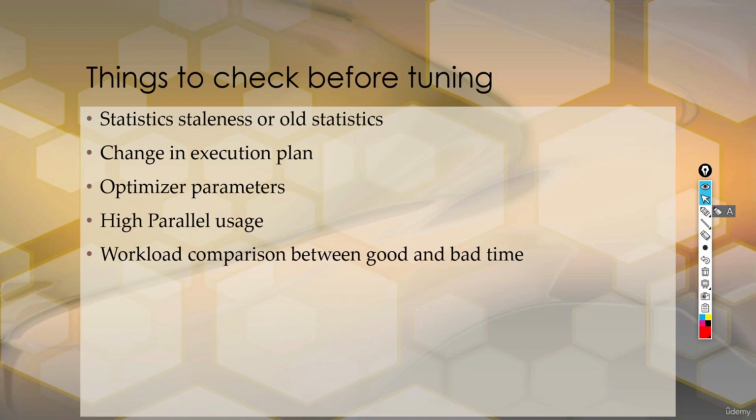I cannot expect a 100cc bike to travel 600 kilometers per hour. Obviously, if I have a 1000cc bike, I can reach a destination 100 kilometers away in 1 hour. I'm just giving you an example, right? So likewise, you need to check the workload and also the resources accordingly.